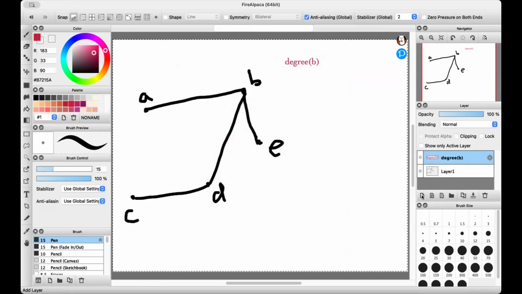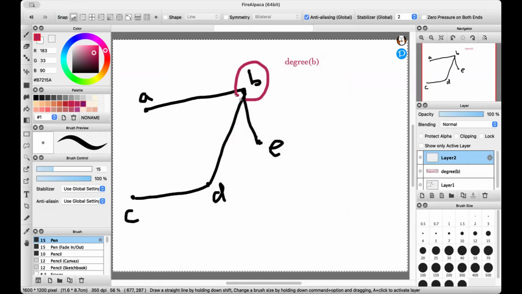The degree of B would just be the number of edges that come out of it. We can see here that B has one edge that it's the endpoint of, and one here, and one here. So that means the degree of B is equal to 3.